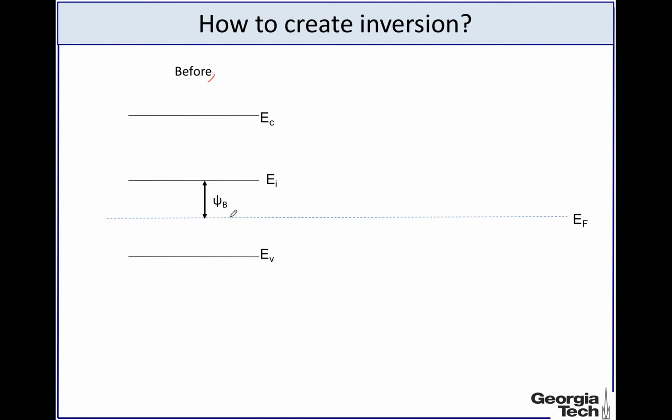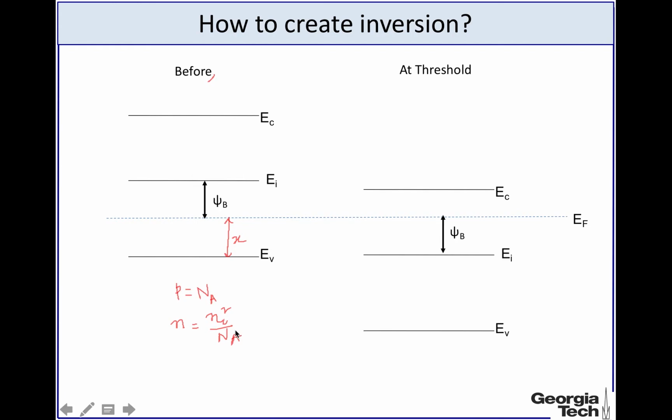And let's say this gap is x. Now here it's p-type, and the density of holes is Na at the interface, and the electron density is Ni squared by Na. All right.